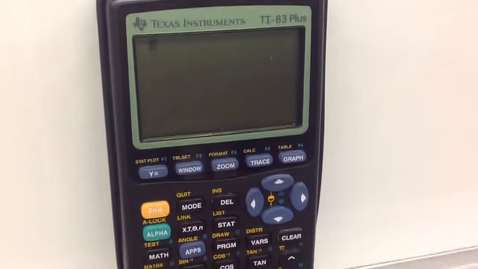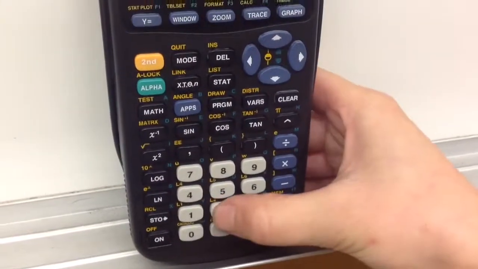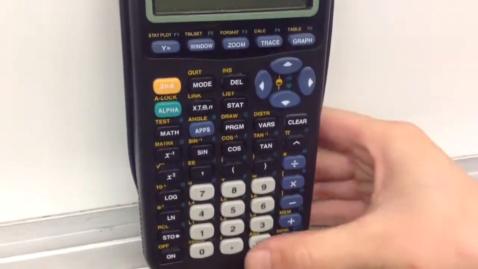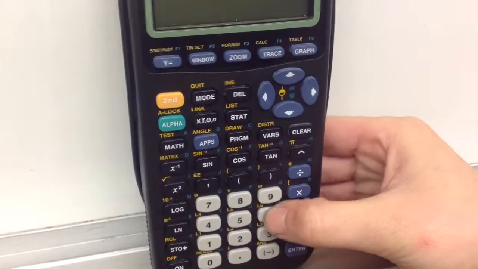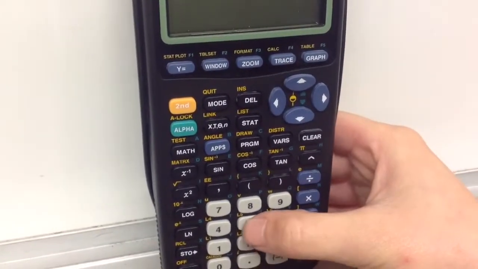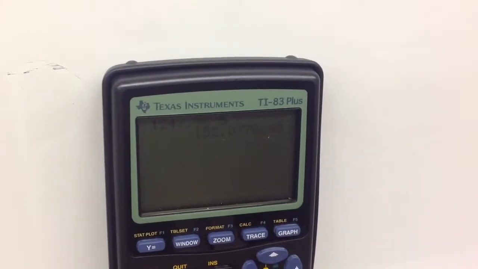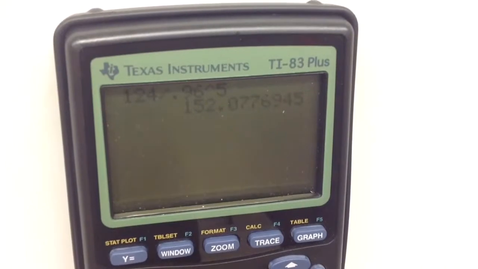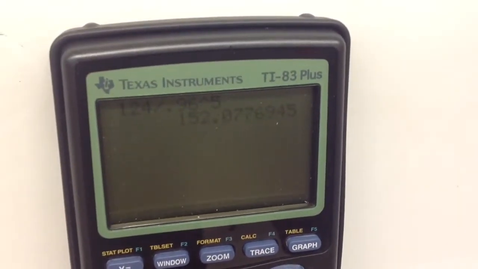We have 124, and we're dividing by 0.96 all to the 5th power. As you can see, I don't really need parentheses, so I'm just going to push enter. And I get that it's about 152.08. So that's what I'm going to use for m.